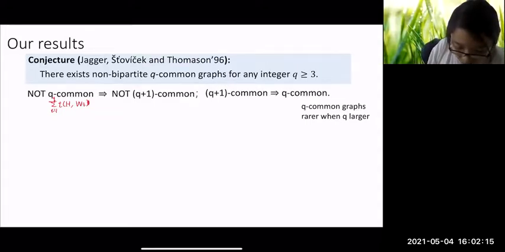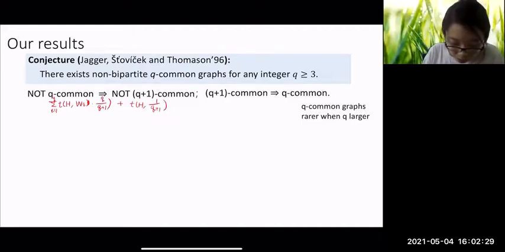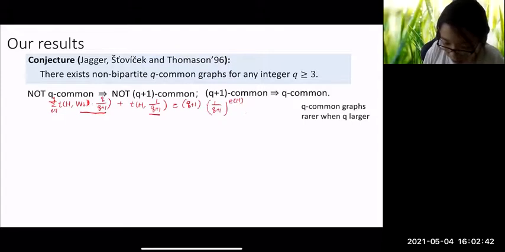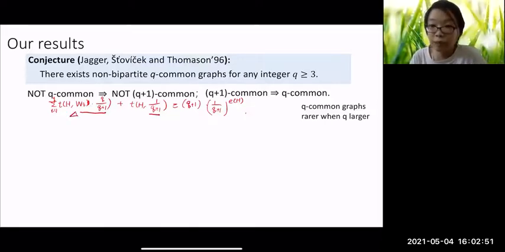We scale each graphon by q over q+1, and then add the (q+1)th graphon to be the constant graphon 1 over q+1. Now we have q+1 graphons and they add up to 1. Because we know H is (q+1)-common, this is at least q+1 times 1 over q+1 to the e(H). Then if we reorganize the terms, we see that this is at least what we expect. So that means H is q-common.